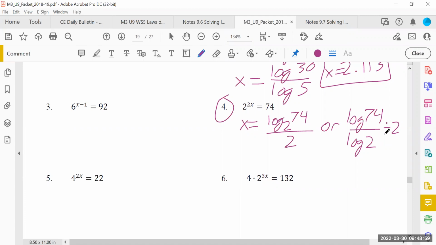I'm looking at something just over 3, is what we're guessing. So log of 74 divided by log of 2 should be just over 6. And then just over 6 divided by 2 should be just over 3. Right, because this 2 would have been over here: 2x equals log base 2 of 74. Yep, that's how you put it in your calculator.